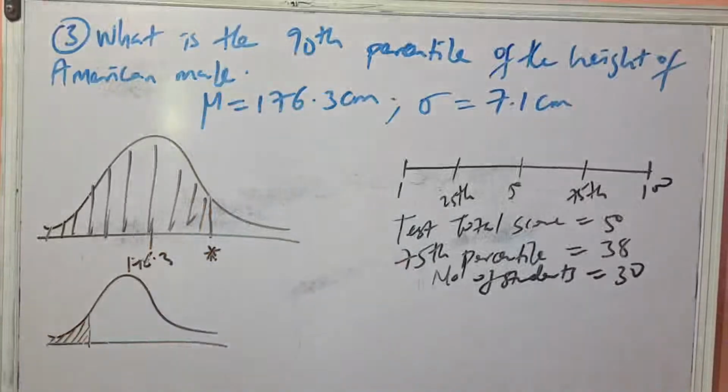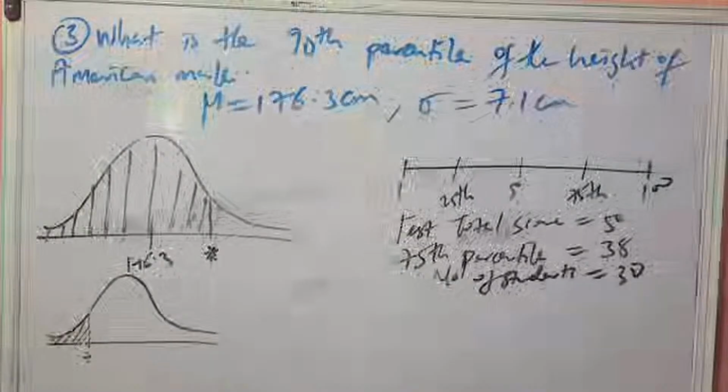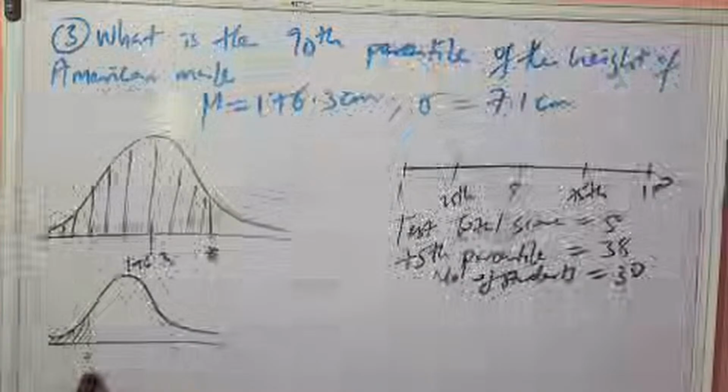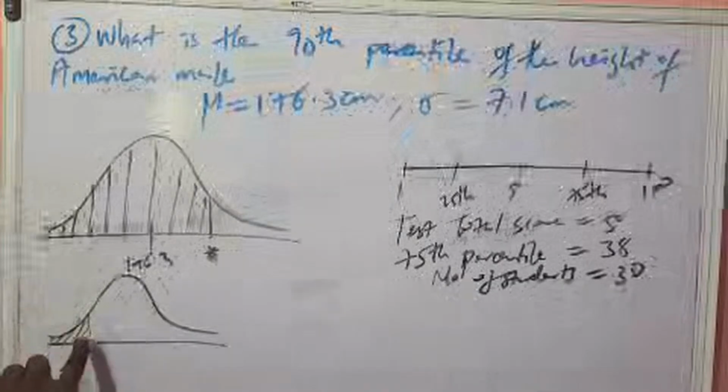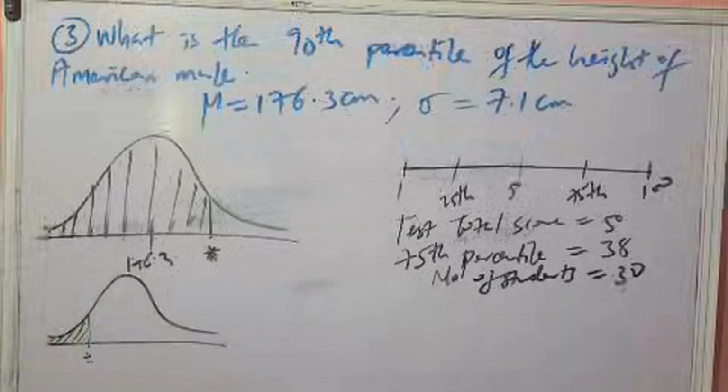I'll be shading only at that point, at this score or less than. That's the meaning of 10th percentile. You can see if I say this is 10th percentile, that means they either have this score or less than this score.